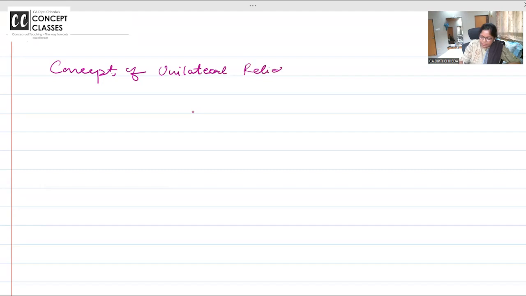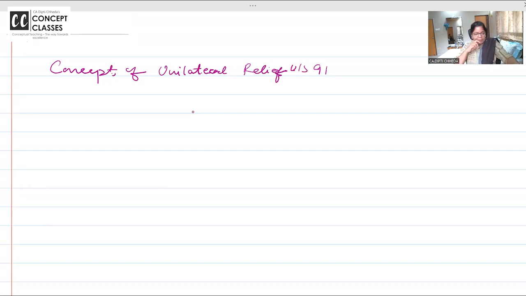So I'll make you write some conditions also. Chalo, open your notebooks. We are doing the problem number 4. Concept of unilateral relief under section 91. 1.